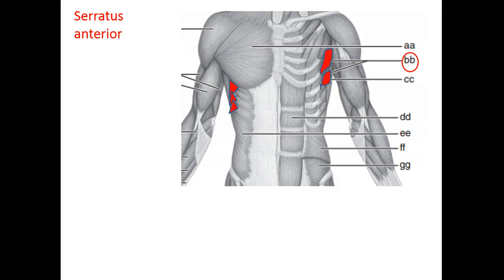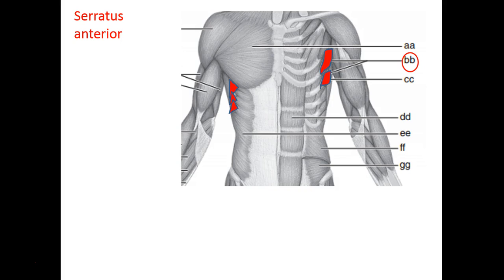Anterior tells you it's on the anterior surface, and serratus, a serrated knife, is a knife that goes in and out like a saw blade. And so you can see, especially on his right side, how that muscle weaves in and out of the ribs, and so it has that serrated appearance. Serratus anterior is number 27 on your sheet, or we're going to label that BB.